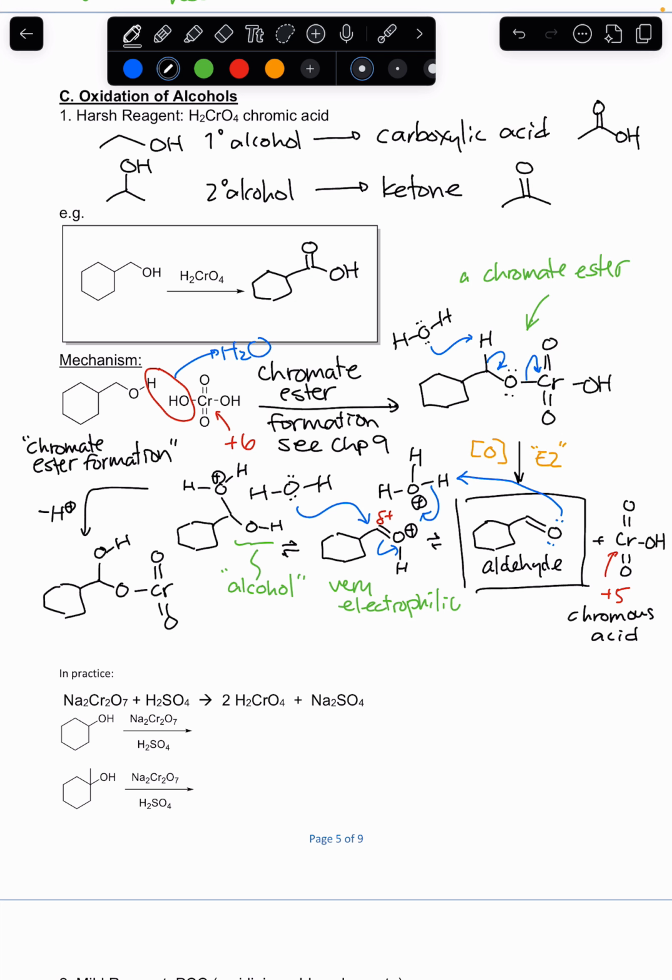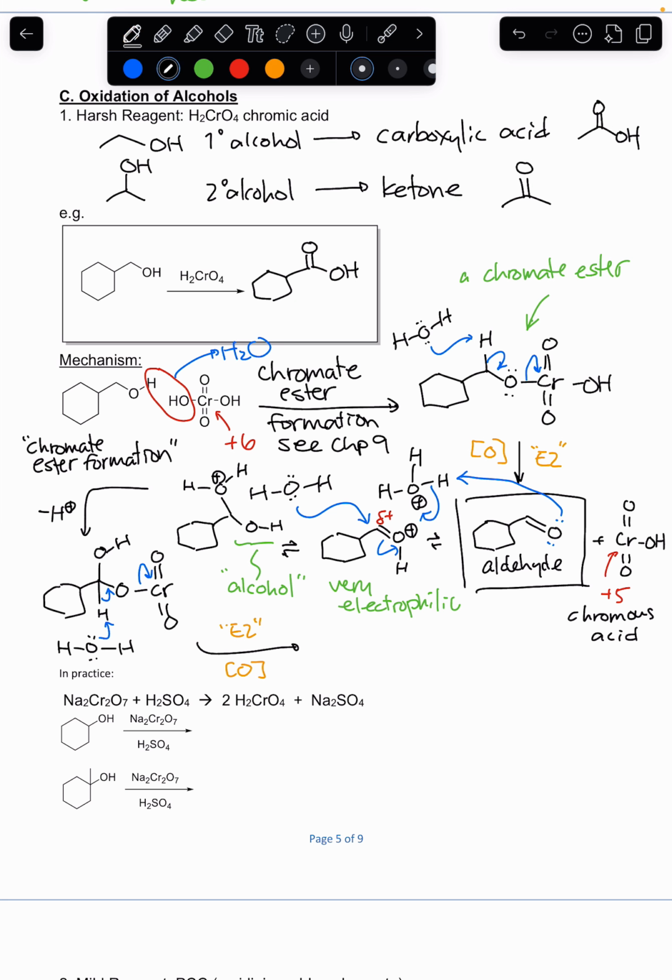Now, one thing I want you to notice is at this carbon that's getting oxidized, you still have a proton, and so the same thing happens that we saw earlier, which is that chromium still wants to very much get reduced, so it pulls electrons, and so for that reason, even a weak base can pull this proton, which is kind of like an E2 reaction, but technically not, because an E2 reaction involves a strong base, not a weak base like this.